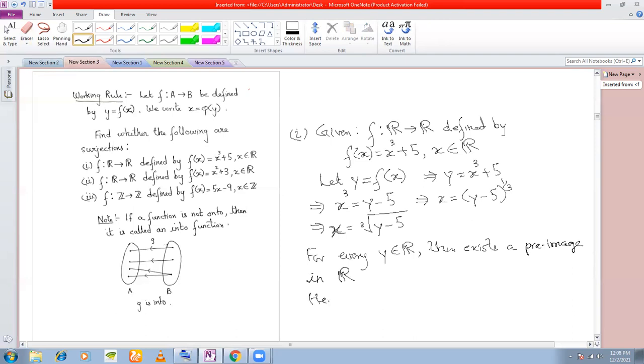Hence, we say that f is an onto or surjective function. That is, f is a surjection. Okay. We'll see the next problem.